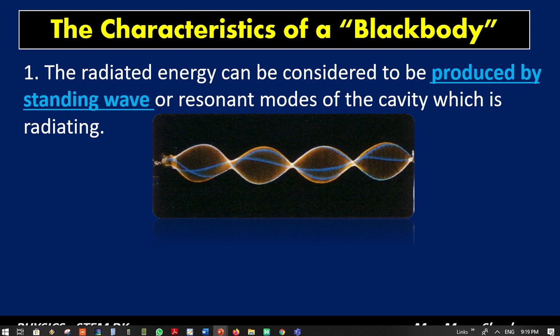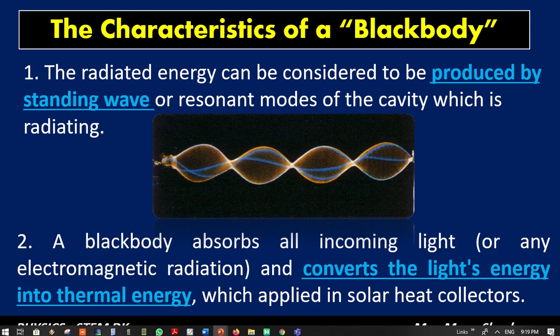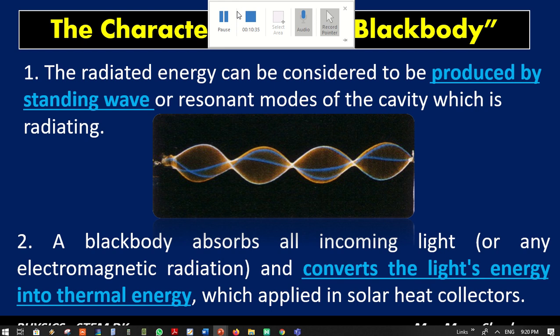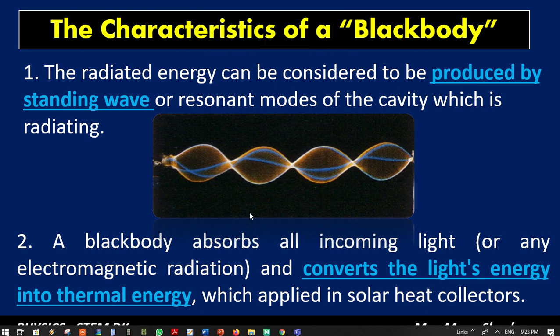This is what happens with incident rays in the black body. Number two, a black body absorbs all the incoming electromagnetic radiation and converts this light energy into thermal energy, which is applied in solar heat collectors. We will discuss this in the last topics.